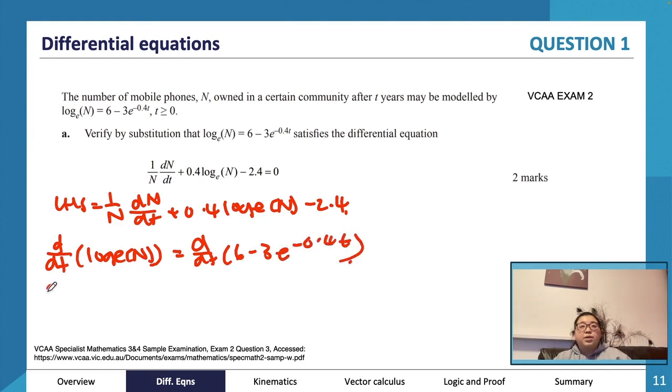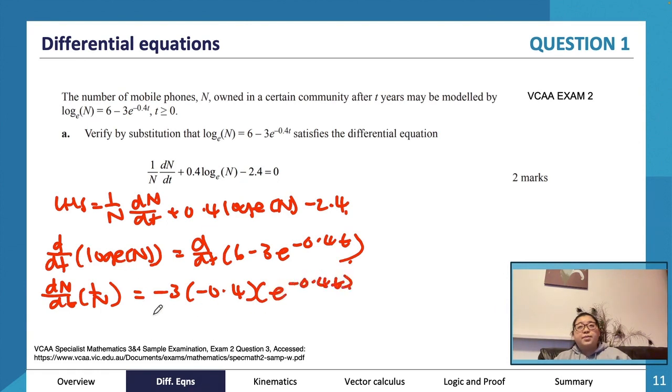On this side we'll have dN/dt times 1/N, which is equivalent to: the 6 disappears into nothingness, and we get negative 3 times negative 0.4 times e^(-0.4t), which is just going to give us 1.2e^(-0.4t). Cool. Alright, so we've got that part.